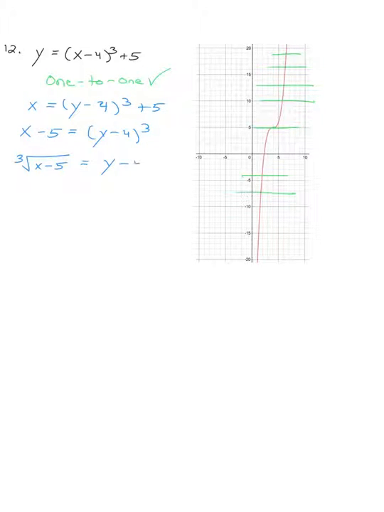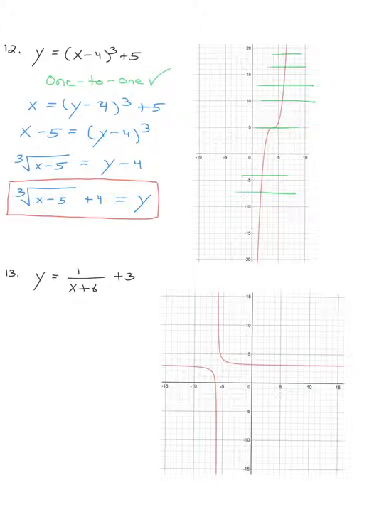And add 4. This equation is the inverse of the function that we started with. I knew one was going to exist because when I examined the graph, it was a 1-to-1 function.